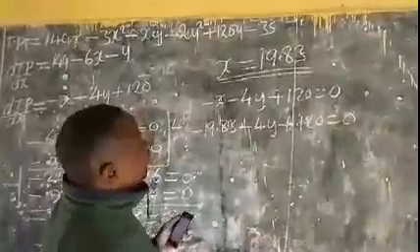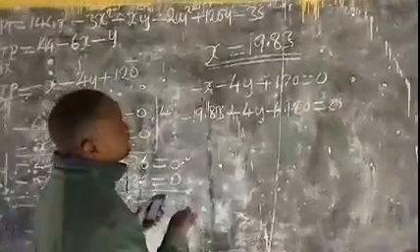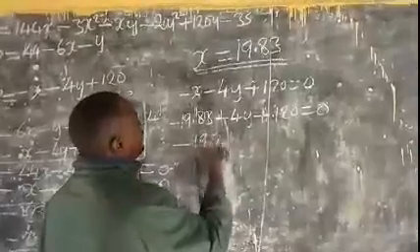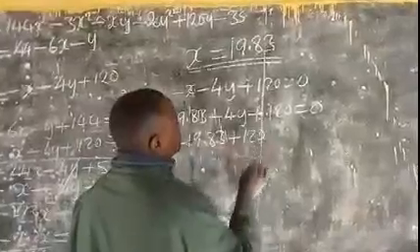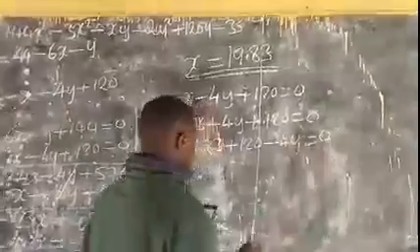I'll collect the like terms. So it will be negative 19.83 plus 120 minus 4y is equal to 0.